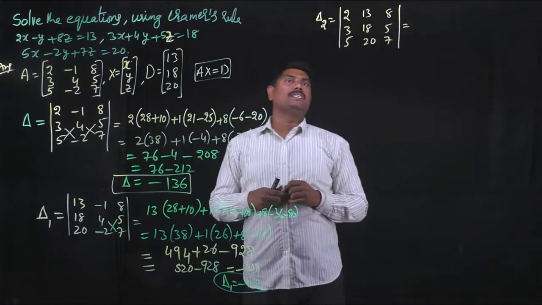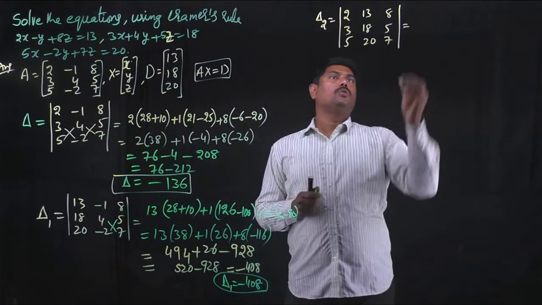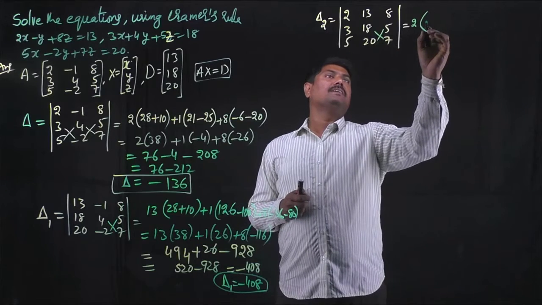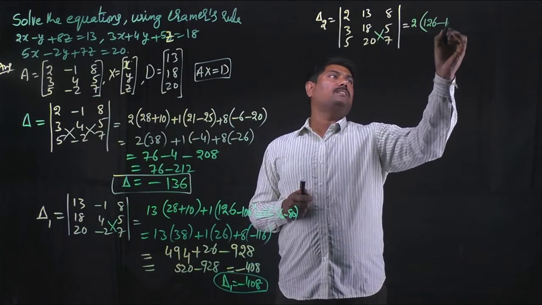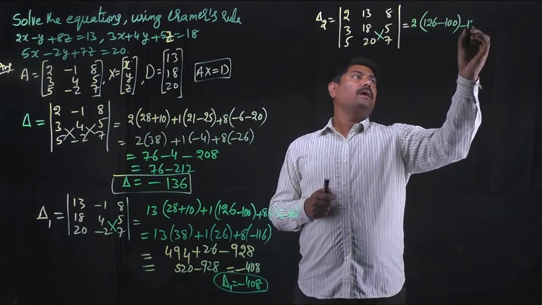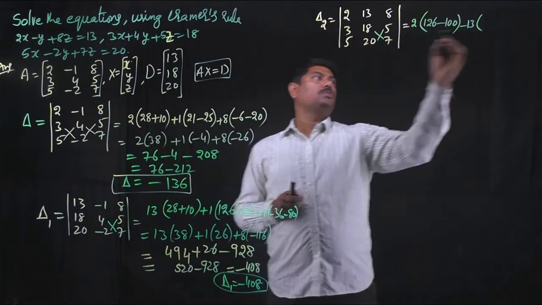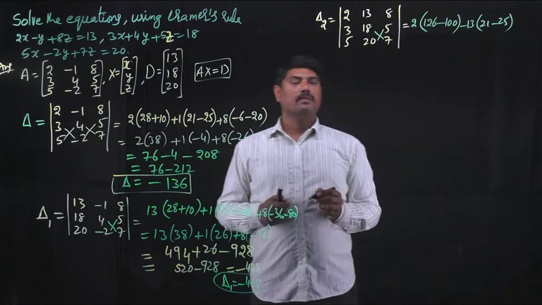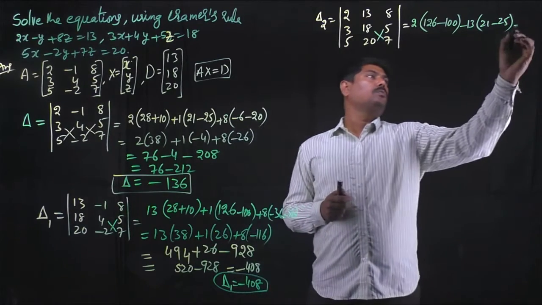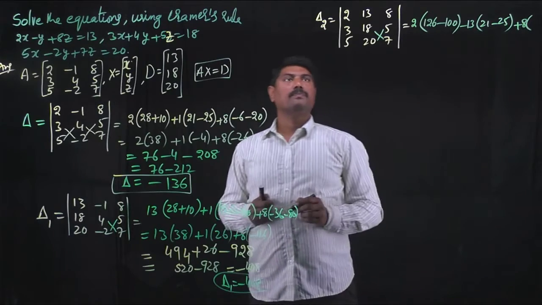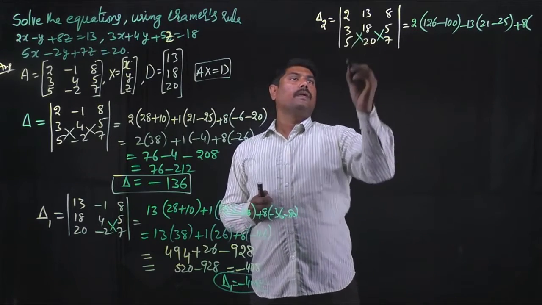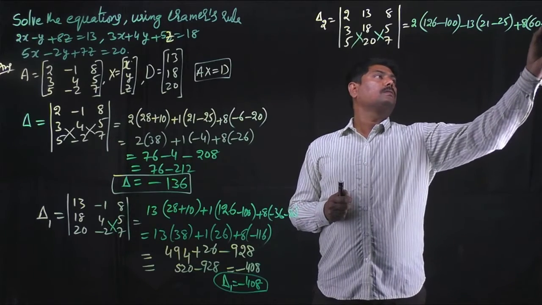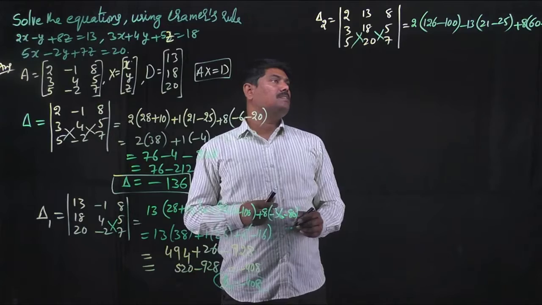Now finding its determinant: 2 into 18 sevens 126 minus 100, minus 13 into 7 threes 21 minus 25, plus 8 into 60 minus 90.